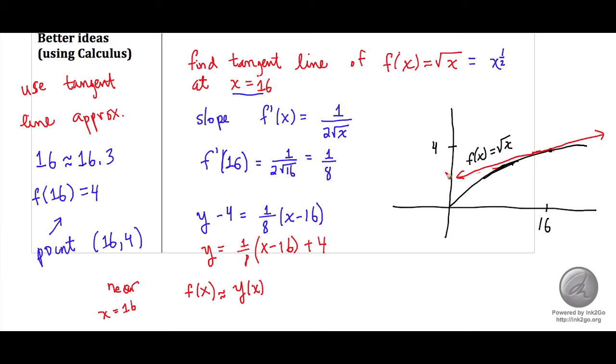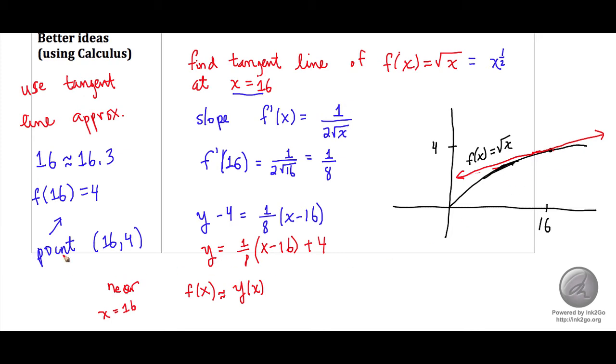Now if you get far away, there's a great distance between the curve and the line, just as if you get farther away towards the positive direction, the curve and the line differ by quite a bit. But near 16, near this point of tangency, the line and the curve are really, really close to each other.